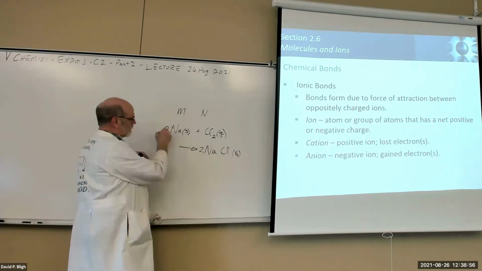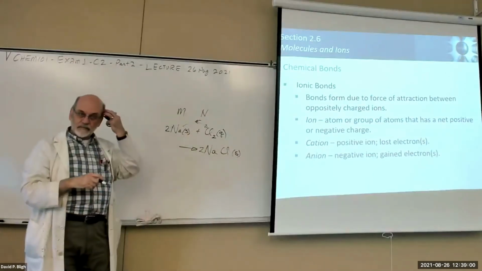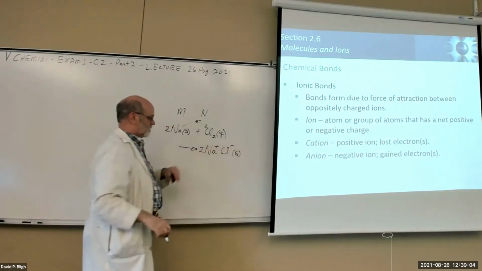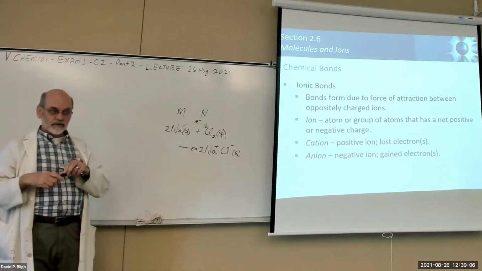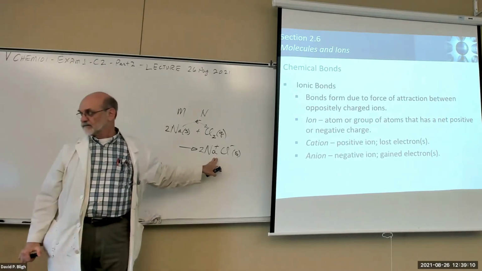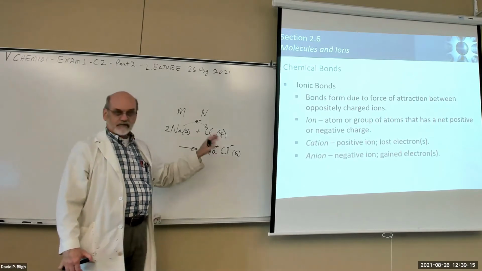But what happens is you get electrons transferred from sodium to chlorine, and that produces ions. When you do that, the bonding is purely electrostatic. It's just positive attracts negative.